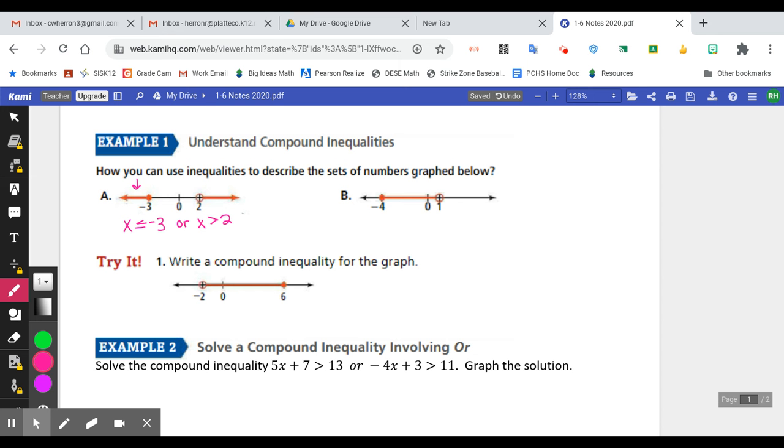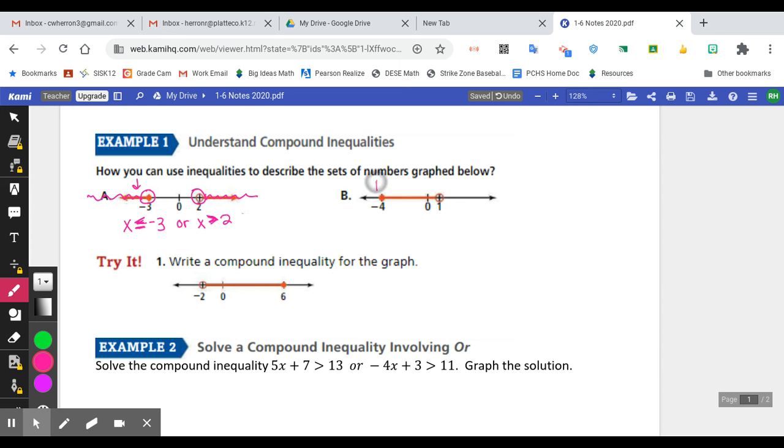Also, it means it can go any number this direction and any number this direction forever. Then I use the symbols based on what the circles are looking like. So it's going left, so I know it's less than, and it's filled in, so it has to be equal to. This one's going to the right, so it's greater than, and it's open, so there's no equal to on the bottom. Okay?